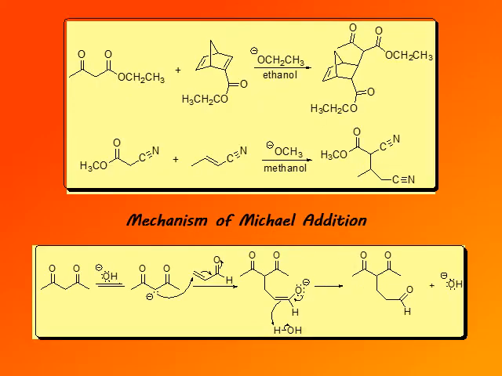Here are some additional examples. Again, we have a beta-ketoester, and then addition occurs to another unsaturated ester. This ester is a little bit complex, and there are 2 double bonds. Note that only one of the 2 double bonds is conjugated to the carbonyl group.